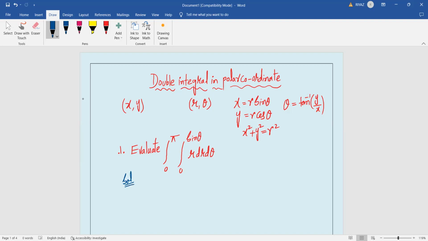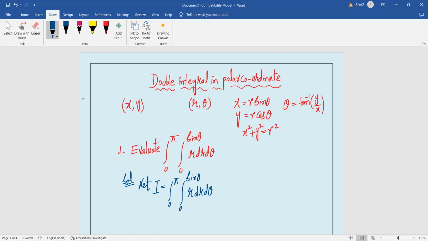So we start. Let us assume that step number 1 is I is equal to the integral from 0 to pi, integral from 0 to sine theta, of r dr d theta.